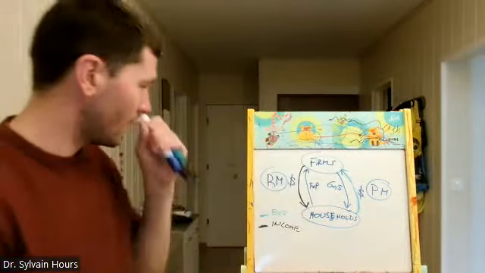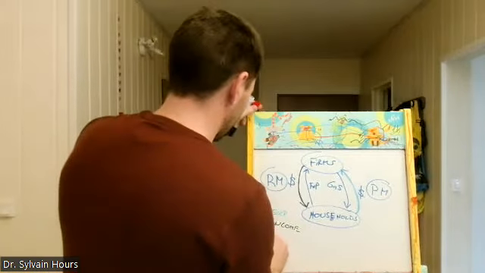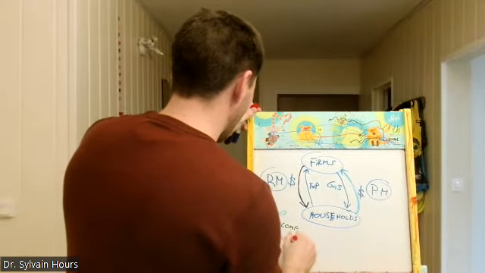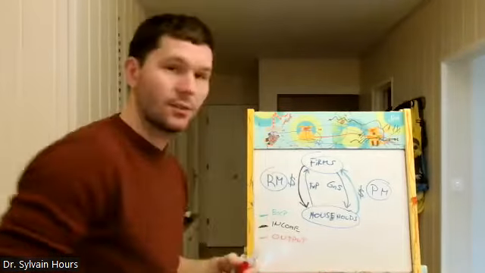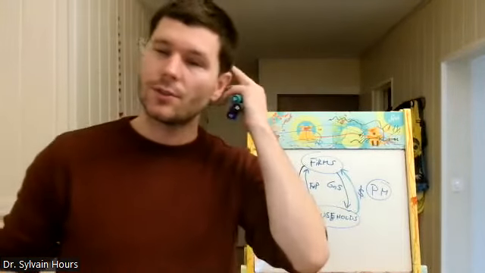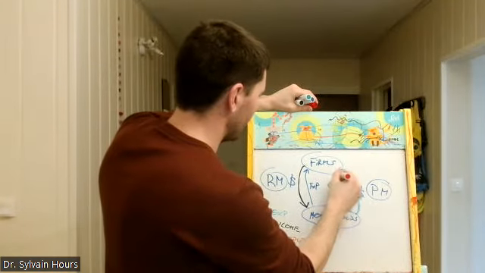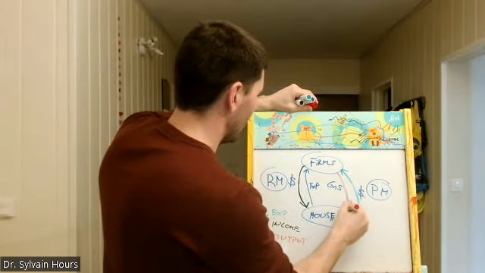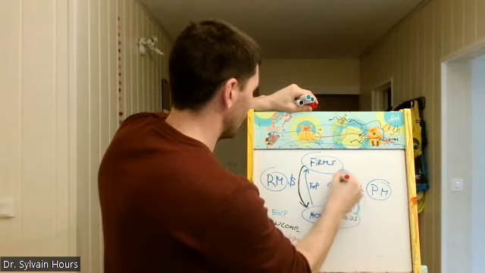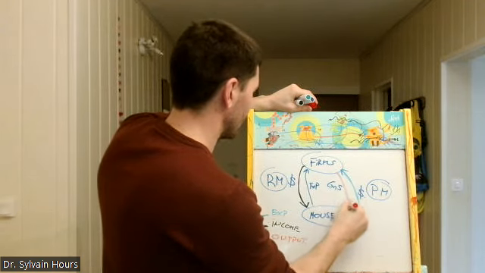Right. The output method is the value of the final goods and services that have been produced by firms, and it can be identified by this flow. That's the value of the goods and services that have been produced.